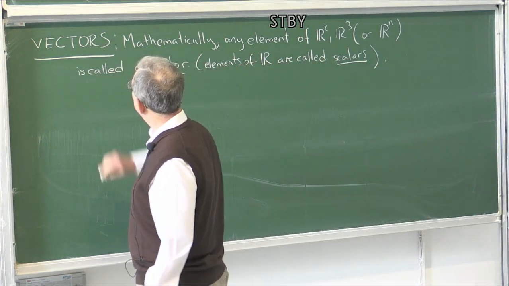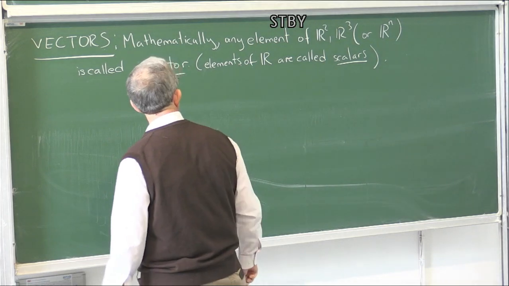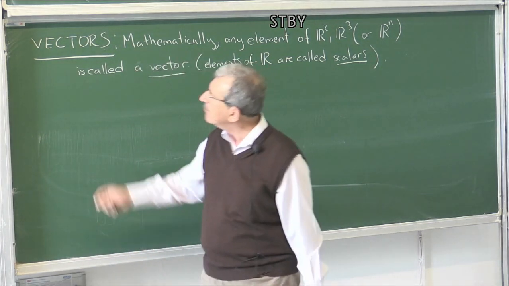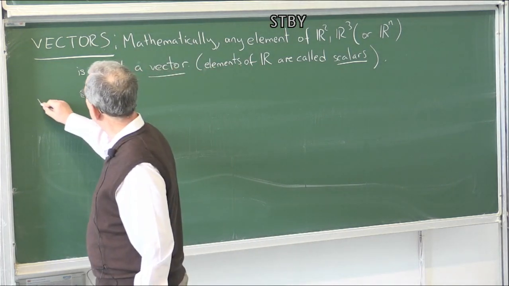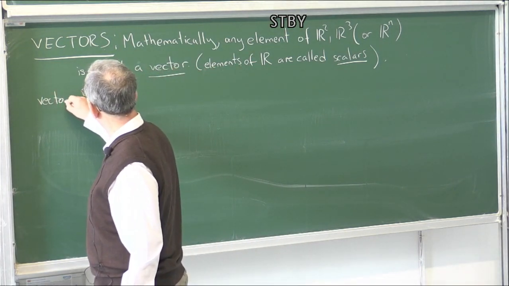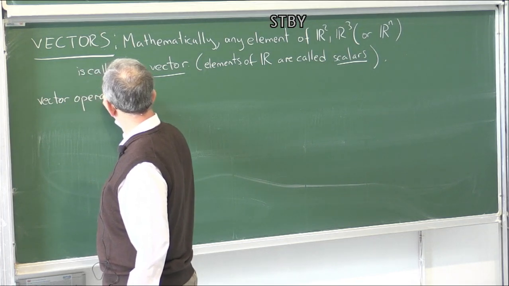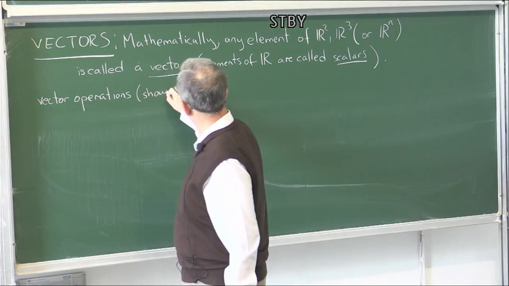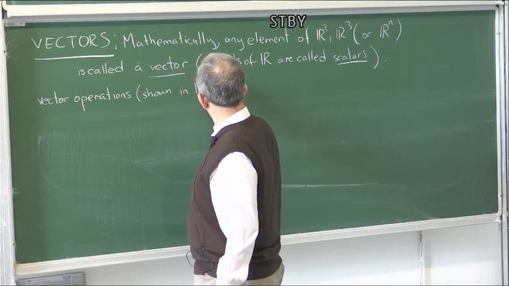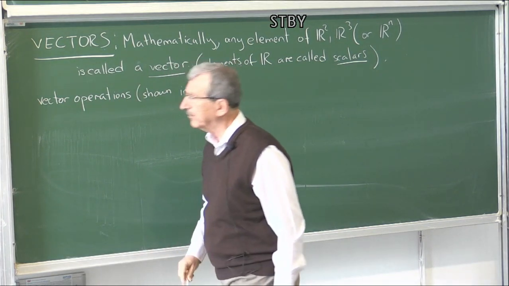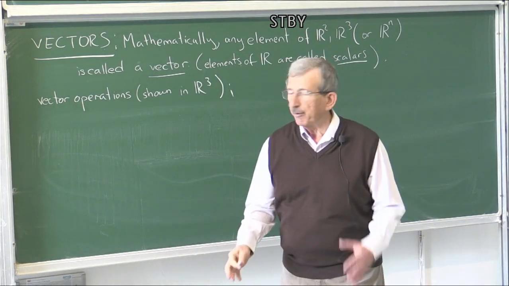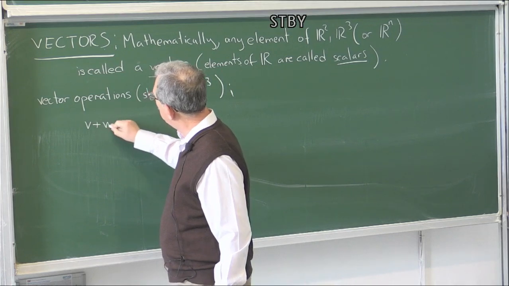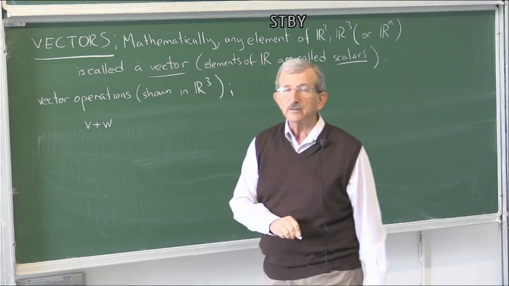Well, when we have vectors, that is, elements of R2 or R3, we can define operations on them. We will be showing them in R3. Basically, these are two operations. One of them is the sum of two vectors.